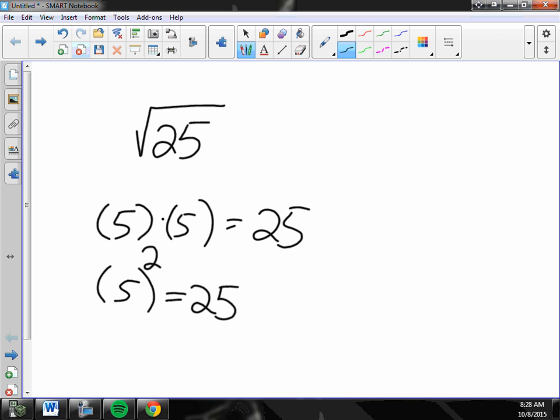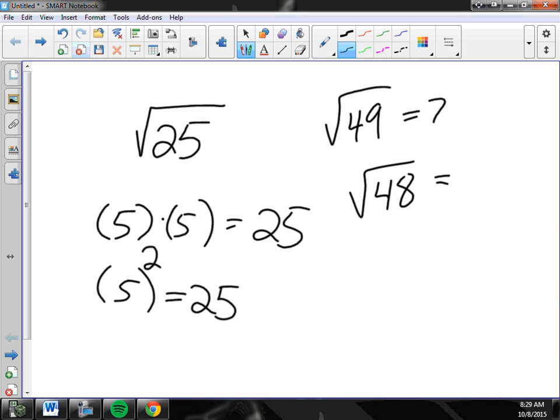But sometimes when you try to do this, there is no whole number that works. So if I did the square root of 49, does it have a nice number as an answer? Yeah, 7. But what if I did the square root of 48? No, it doesn't. So do we know about what the number is going to be?